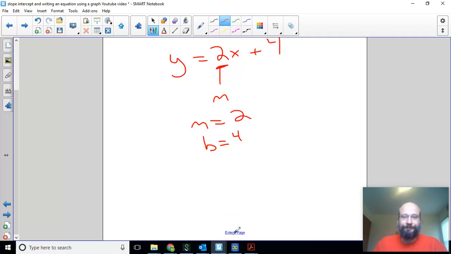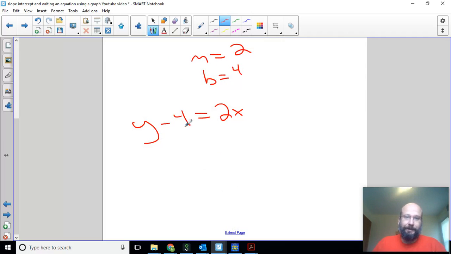But always remember that it has to be solved for y. It cannot be something like, if we use this example, y minus 4 equals 2x. This isn't the slope-intercept because the slope-intercept has to be solved for y.